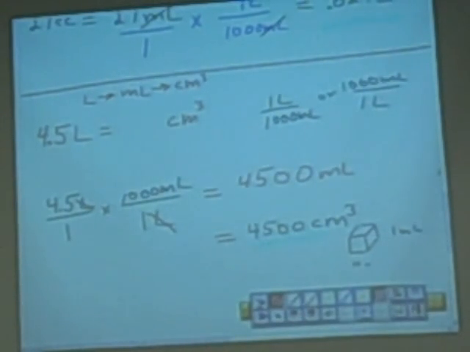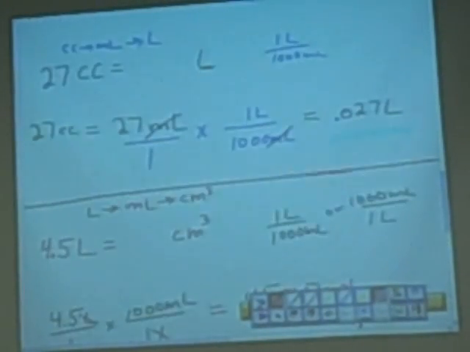But all you need to know is that your answer is 4,500 cubic centimeters. And that sounds to me like that's what cc would be, cubic centimeters.